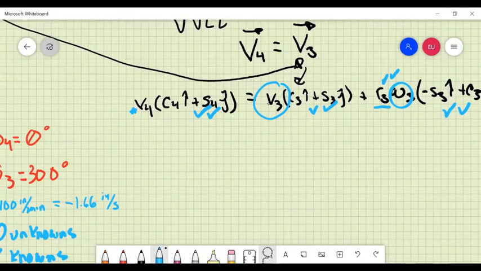Let's substitute everything or split it. What would be easier? Let's split it.